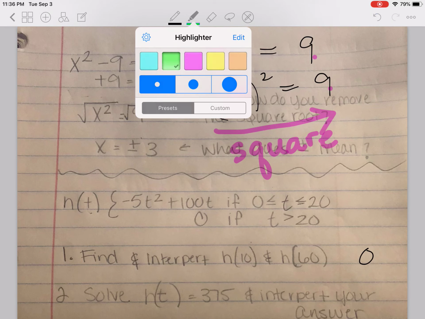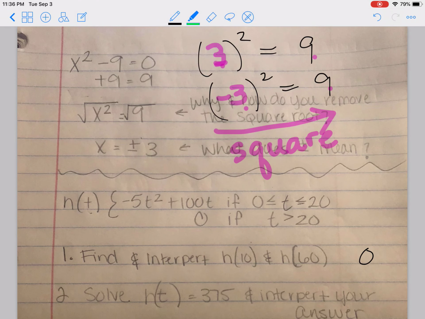Now, what I want you to do is contrast that with taking the square root, and I'm just going to write the word root here. So now we're going in the other direction. Remember, taking the square root undoes the square. It's unwrapping.